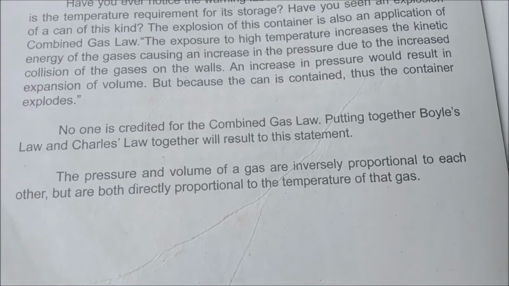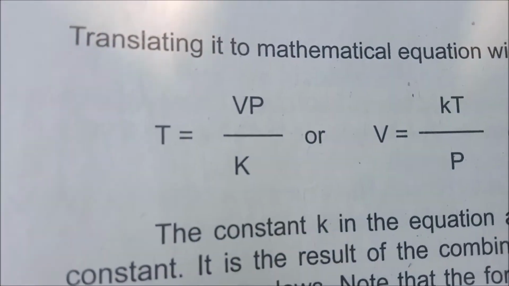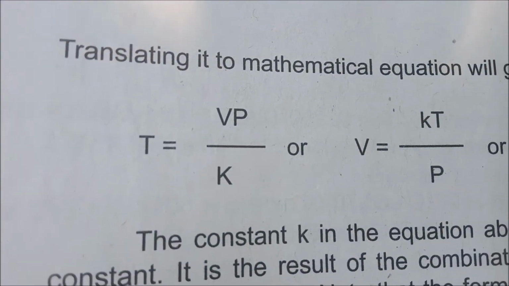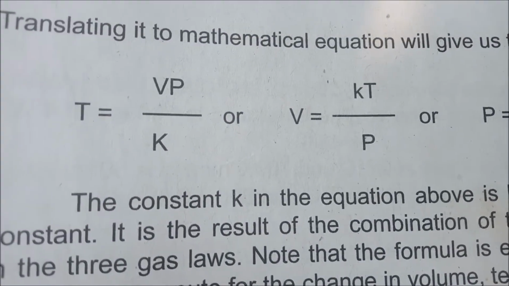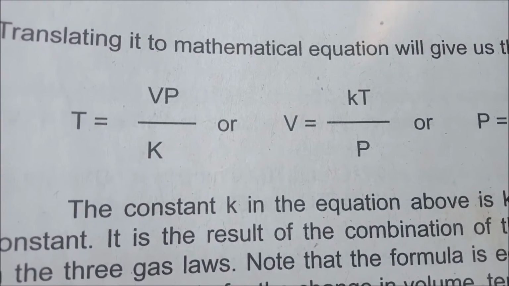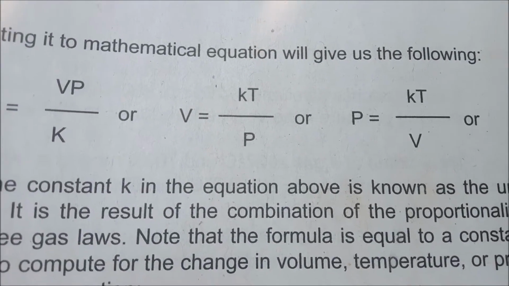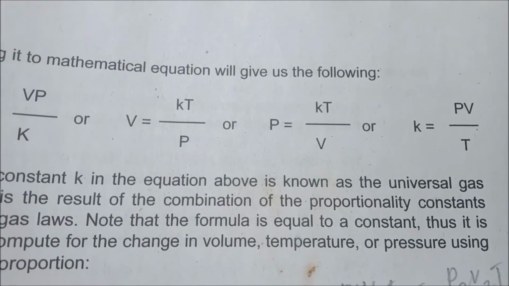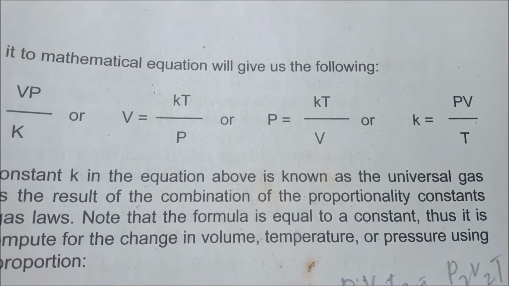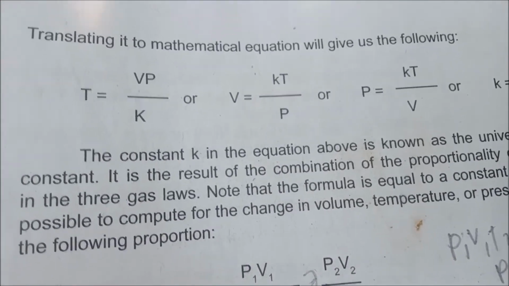Translating it to a mathematical equation, we shall arrive with this formula: T is equal to volume times pressure over K, or V is also KT over P, or P is equal to KT over V, or K is equal to PV over T. The constant here is the universal gas constant.